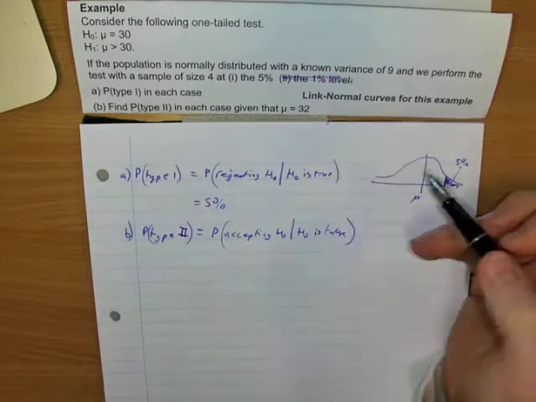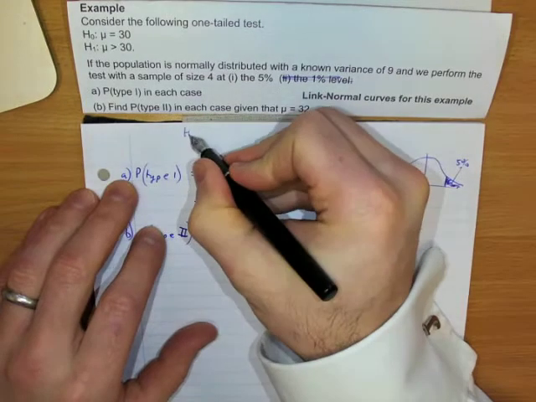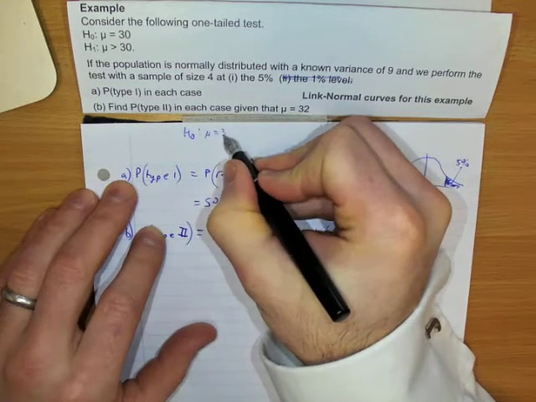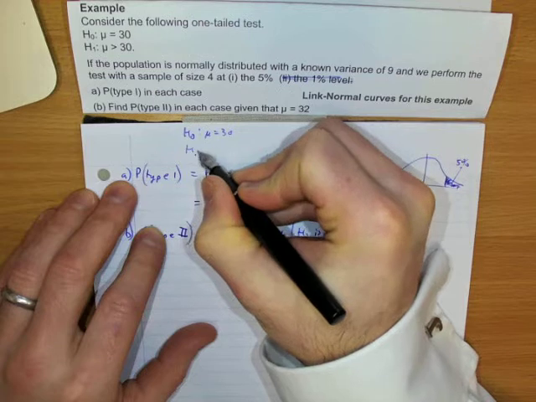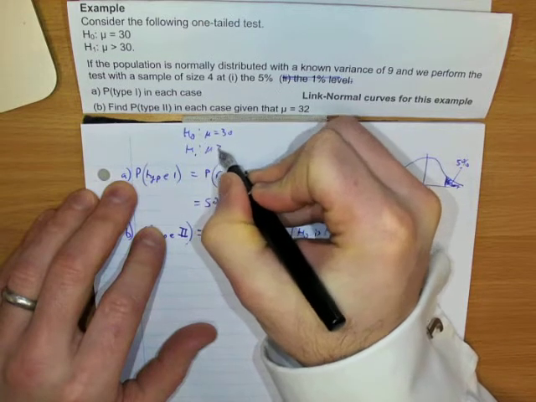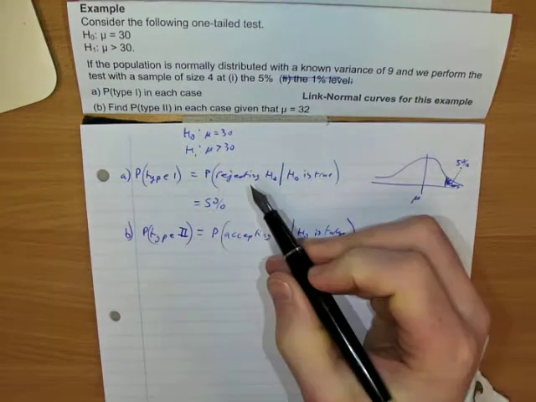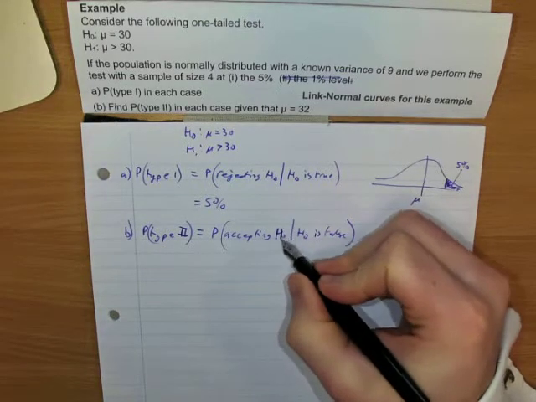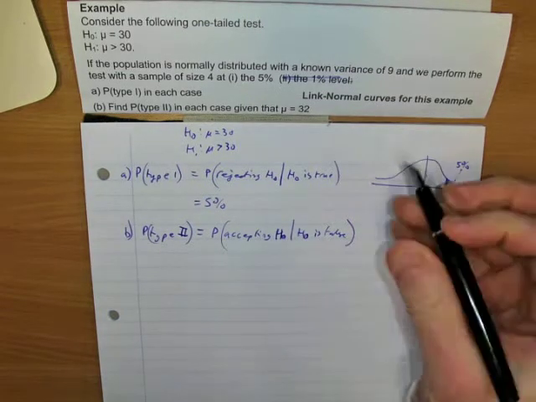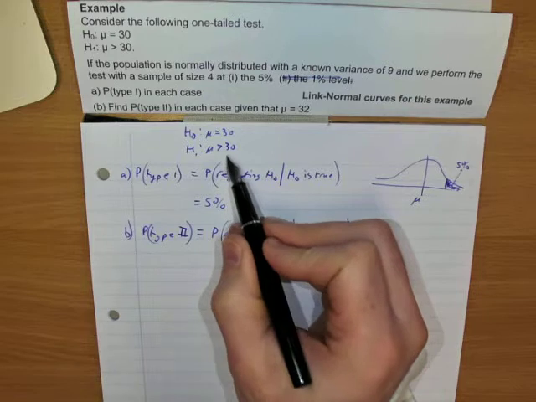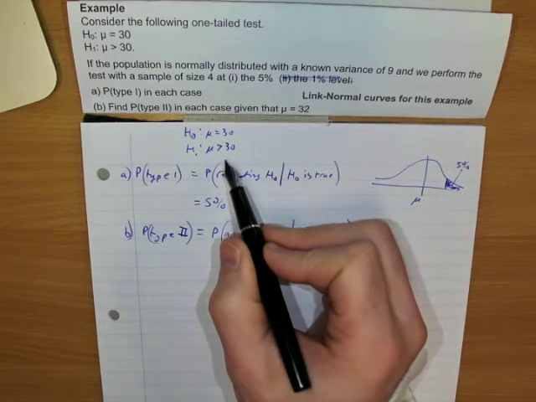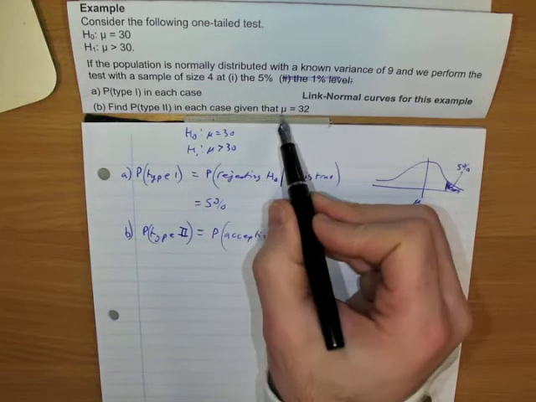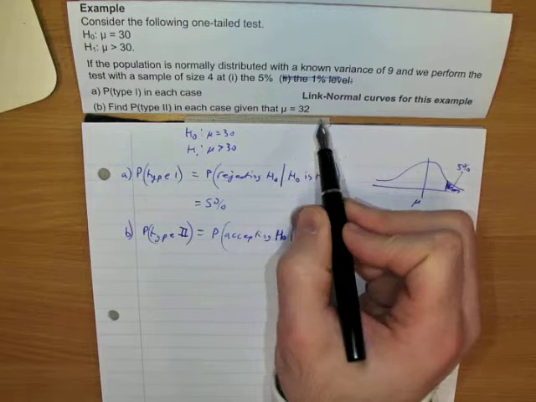Well, we know our null hypothesis is that mu is 30, and our alternative hypothesis is that mu is greater than 30. To be able to work out our type 2 error, we need to have a value that we're going to work with. So as opposed to saying mu is greater than 30, we need to have an idea of what value that is. In an exam question, they would probably tell you what mu should be.